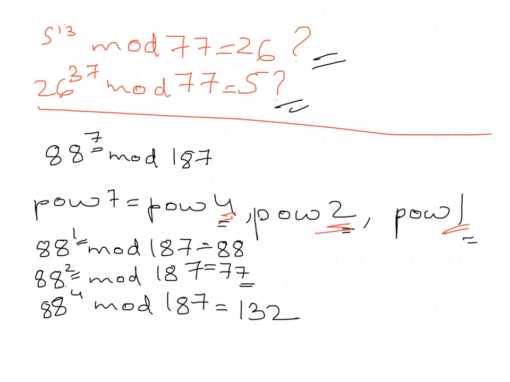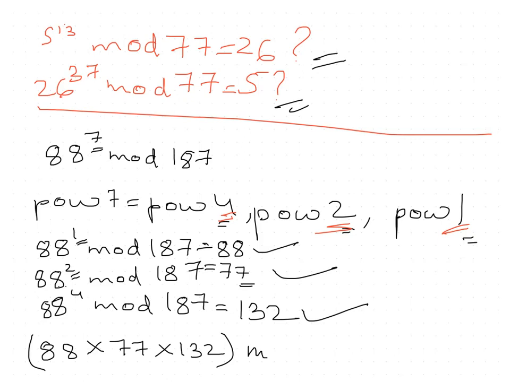Now I need to calculate 88 to the power 7 mod 187, which means I'll take 88 times 77 times 132, mod 187, which is equivalent to 30.